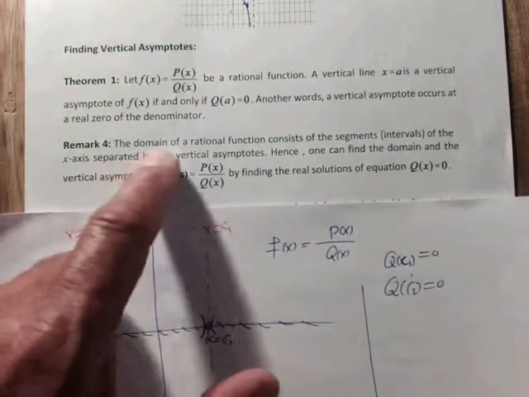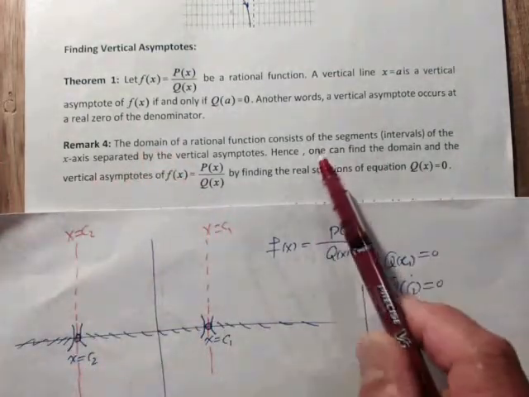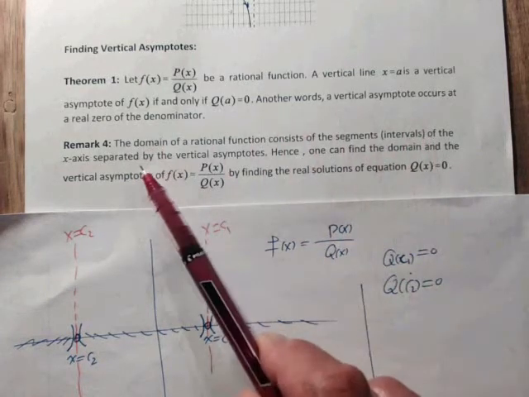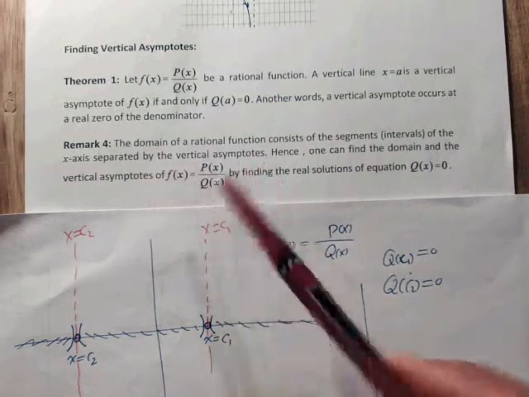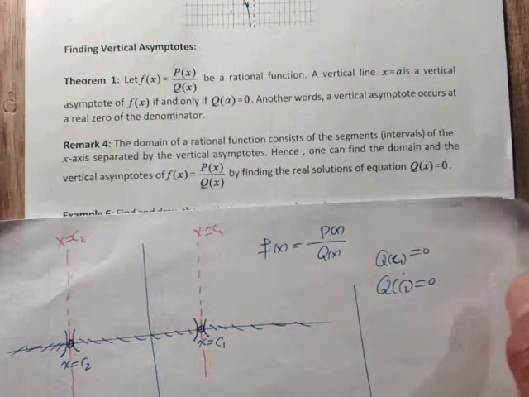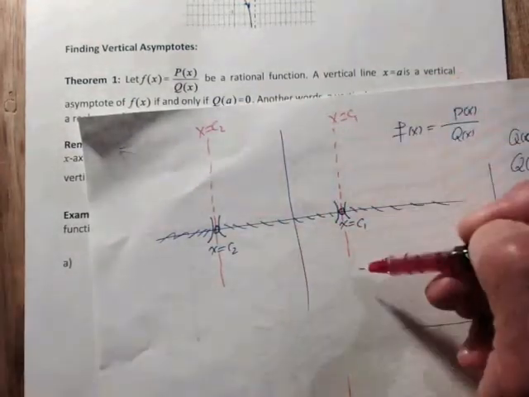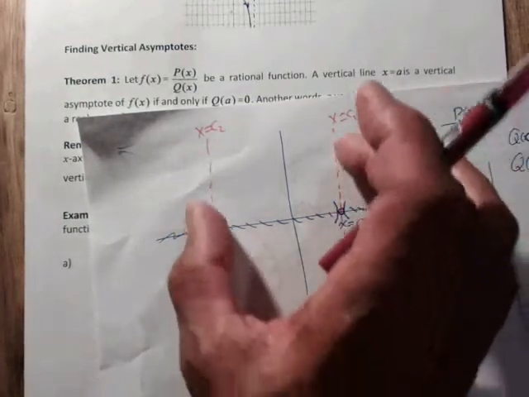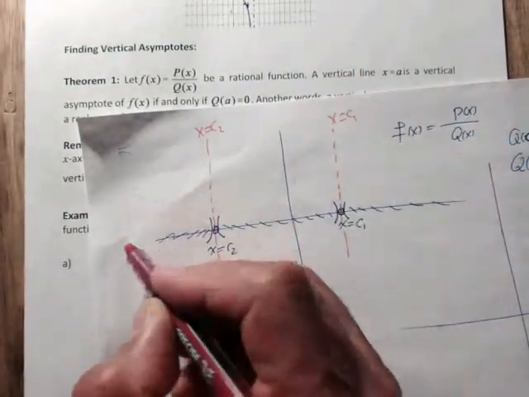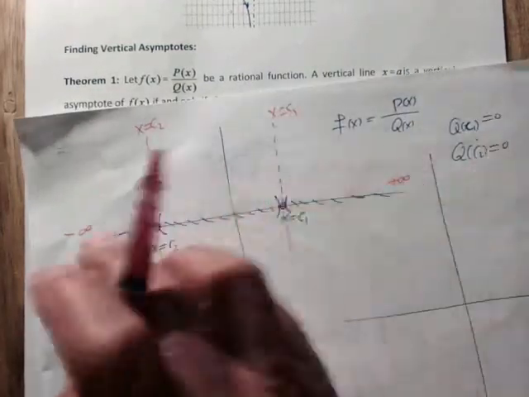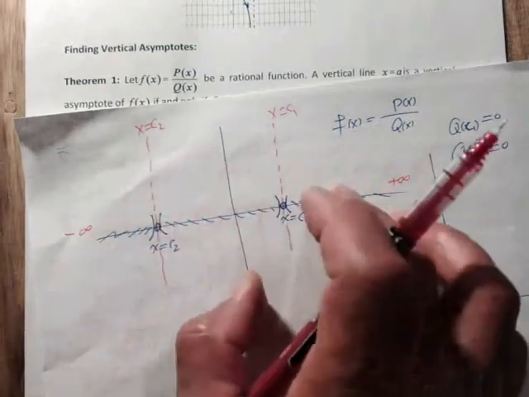The domain of a rational function consists of segments or intervals of the x-axis separated by vertical asymptotes. This is one vertical asymptote, this is another. So these two vertical asymptotes divide the whole real line from minus infinity to positive infinity into, in this case, 3 pieces: 1, 2, 3.